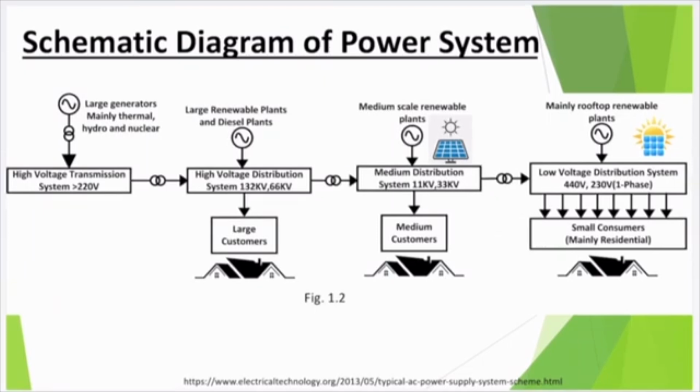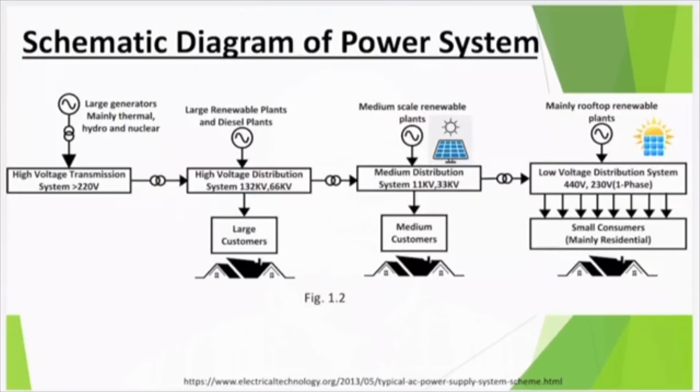If you look into the schematic diagram of a power system, initially, we do have large generators. They could be either thermal, hydro, nuclear. And then we allow this power to flow across a transmission line. And then we have different types of renewable generations. They are normally integrated at a voltage level which is below 132 kV. And then we have different types of renewable power plants, especially solar.